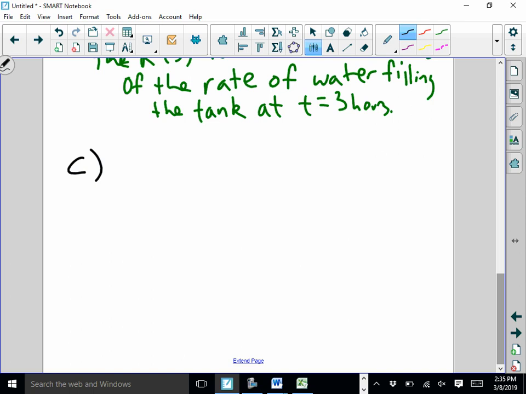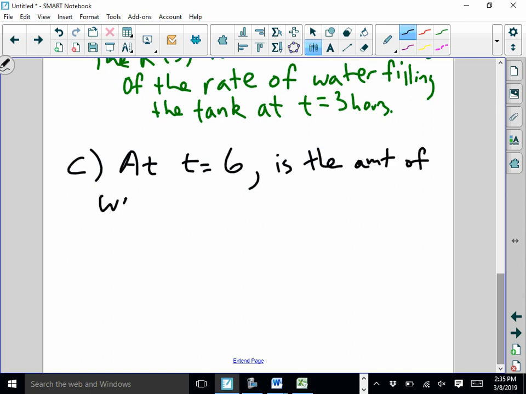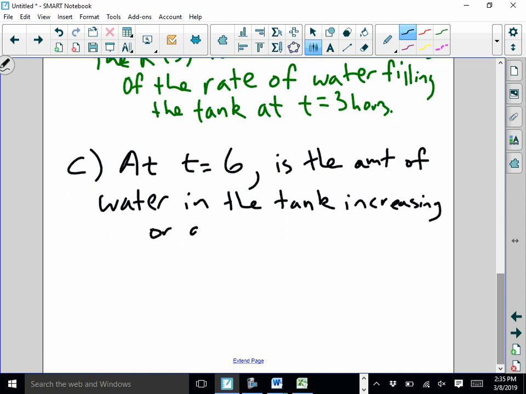So question C is, at t equals 6, is the amount of water in the tank increasing or decreasing? Justify.